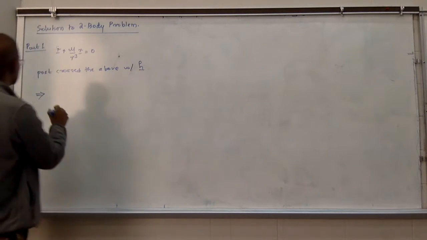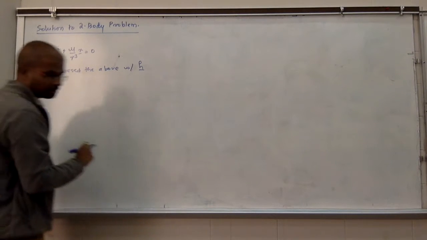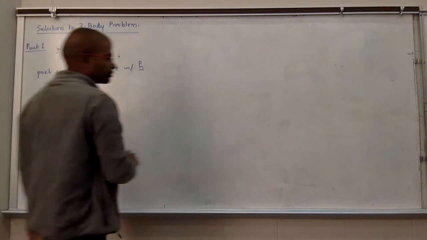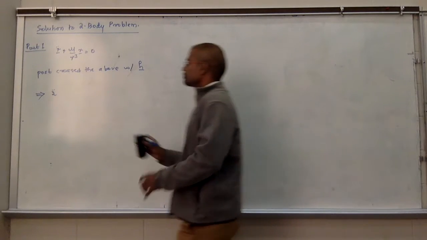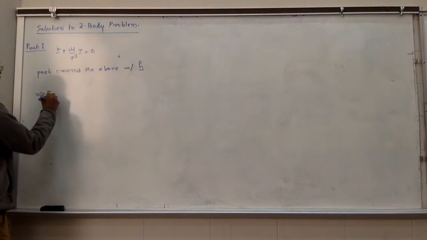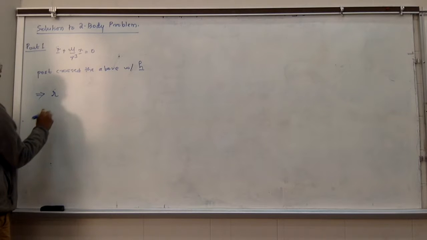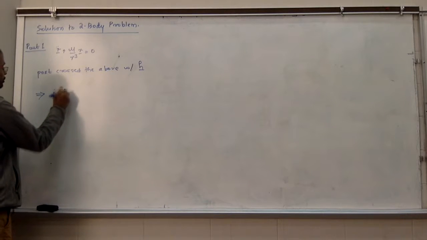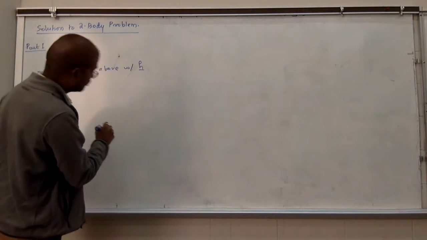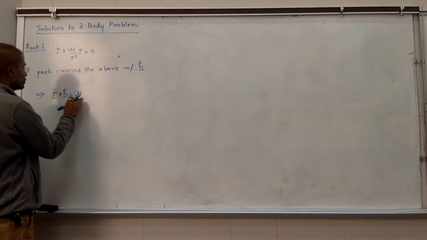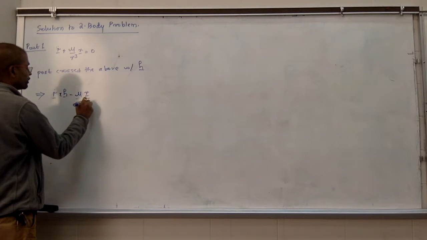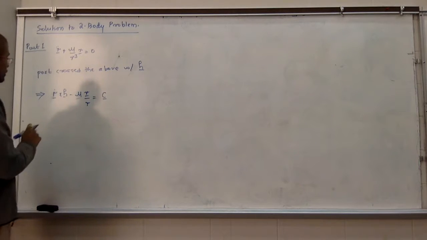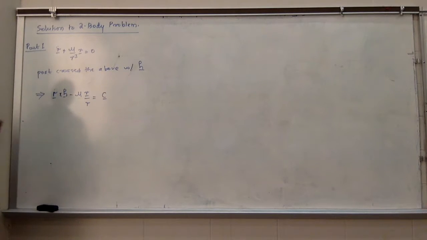result. The result was R dot cross with H minus mu R divided by R is equal to C. So this was the first result, the part 1 result.